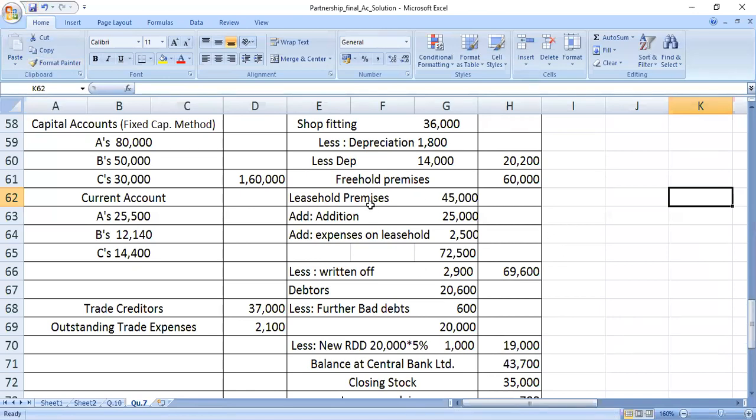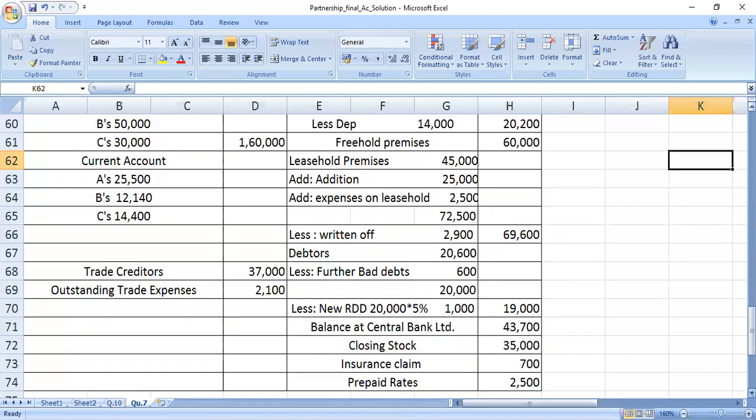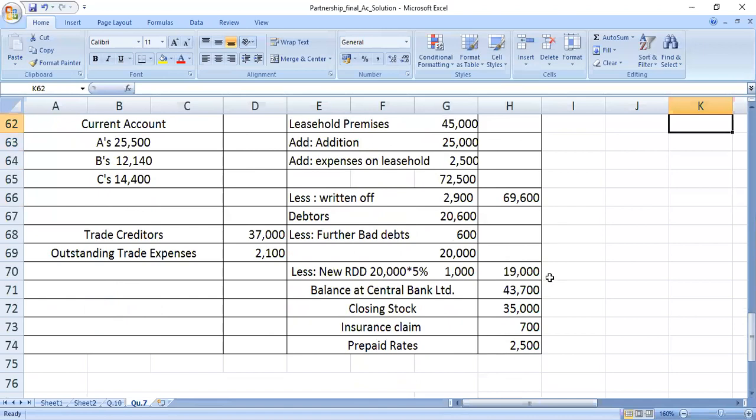Then after that, leasehold premises, additional expenses, write-off value, it is 69,600. Then debtors value 19,000 rest. Then balance at Central Bank 43,700.